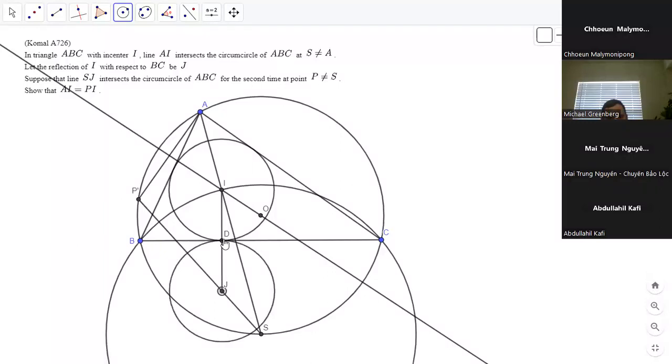So this circle is congruent to this one.